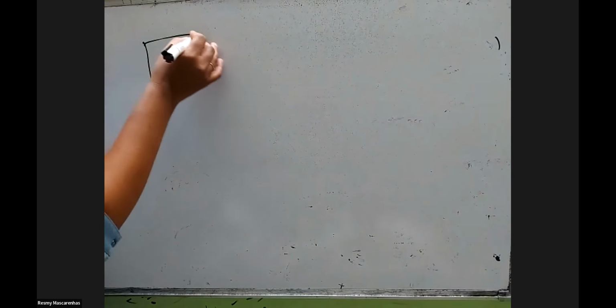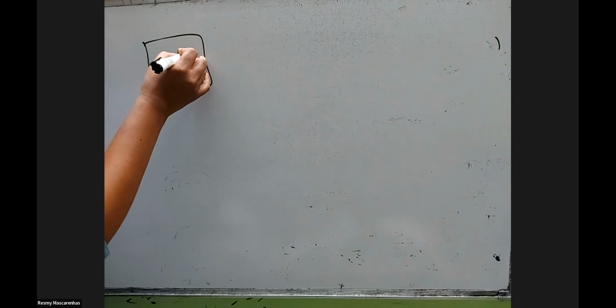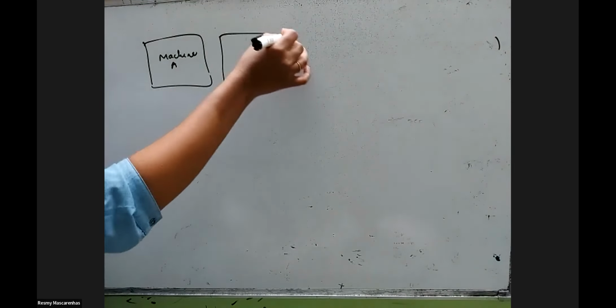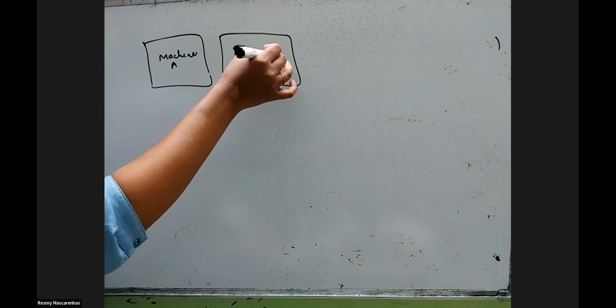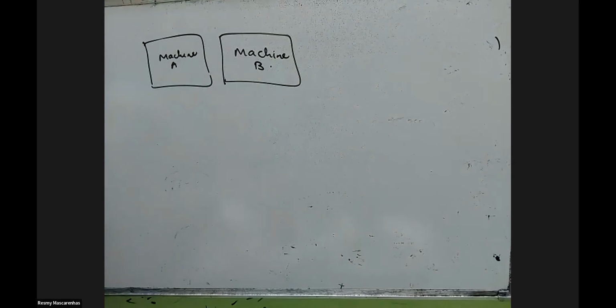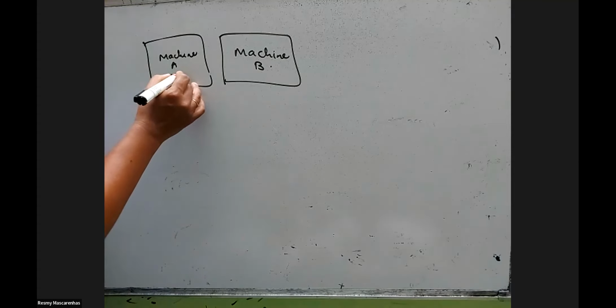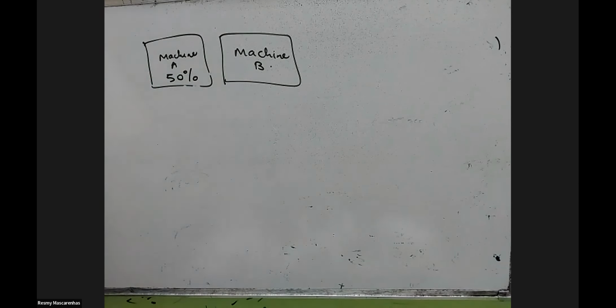Same thing. There's machine A, then there is machine B. This produces 50% of the toys. Then definitely machine B will be producing the remaining 50%.